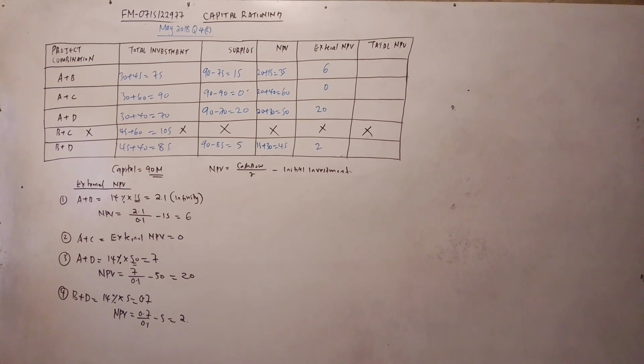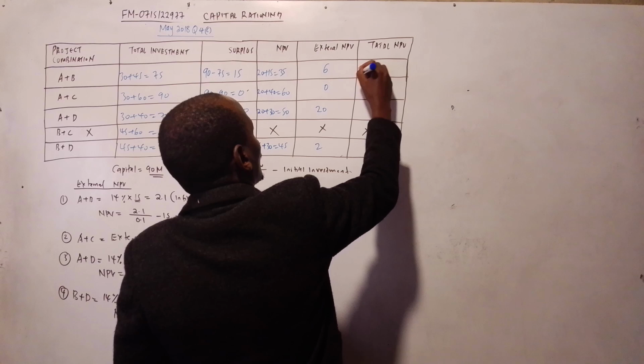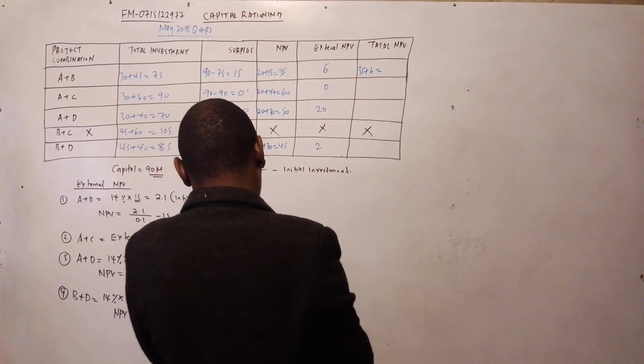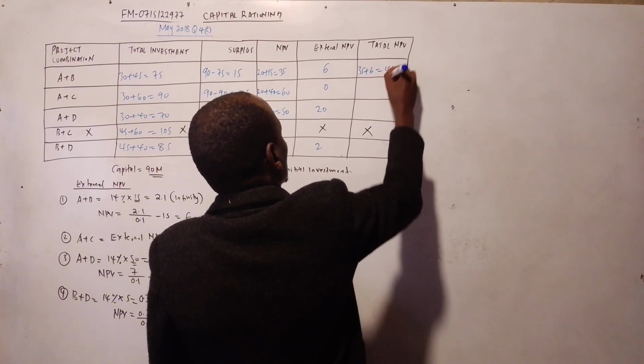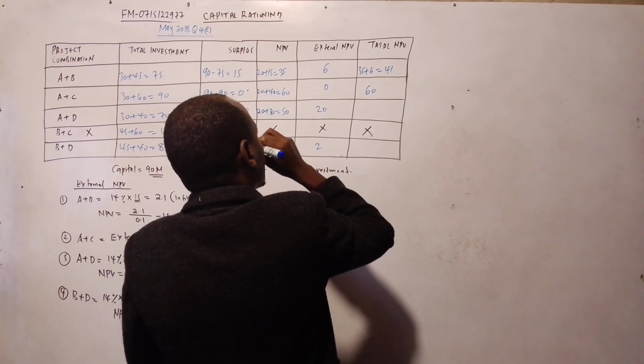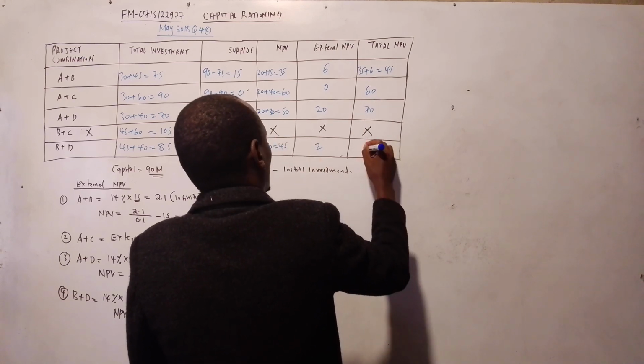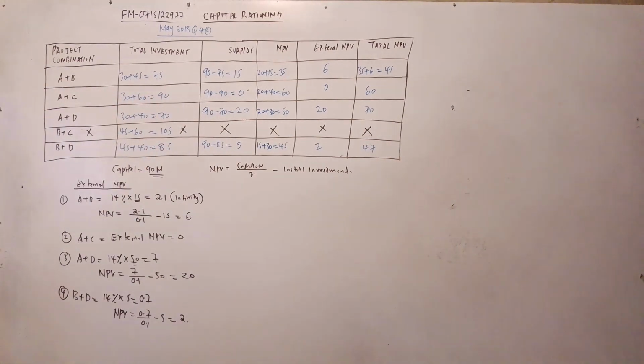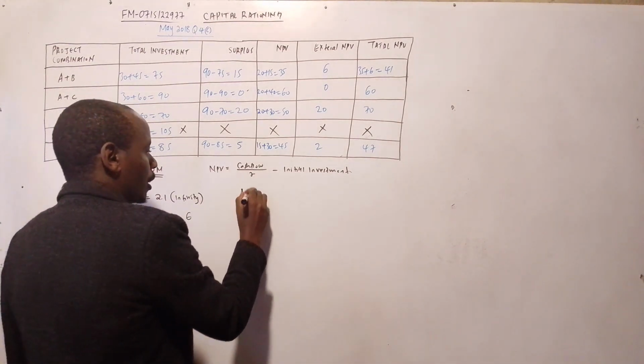So you take the normal NPV and you add the external. For example, that 5 plus 6, which is 41, will be 60. It will be 70. It will be 47. Now, which one has the most NPV, as the most optimal? They have told us to give advice on the best combination.